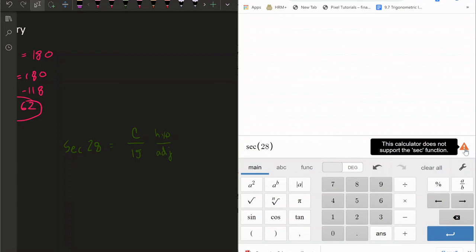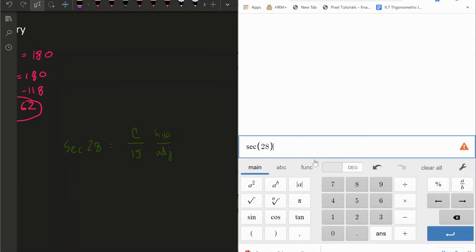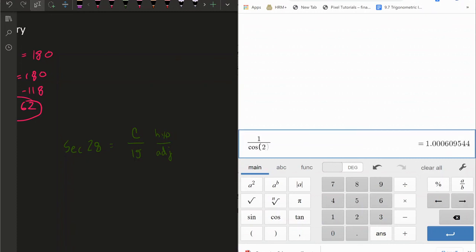Some calculators have a secant button, some don't. So here's what you do if you don't have secant. Secant is the reciprocal function of cosine. So I can do cosine here. So what I'm going to do here is just do 1 over cosine 28.